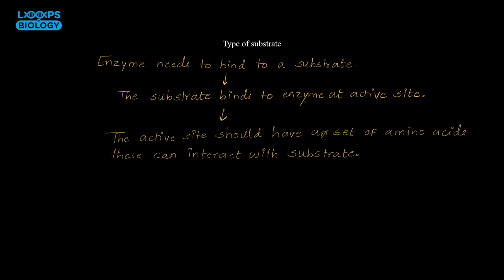Can I form an ionic bond or covalent bond, guys? That should not be the case because the enzyme is temporarily playing a role inside a chemical reaction. It is not a permanent part of the reaction. Got my point? The enzyme is not consumed inside a chemical reaction.